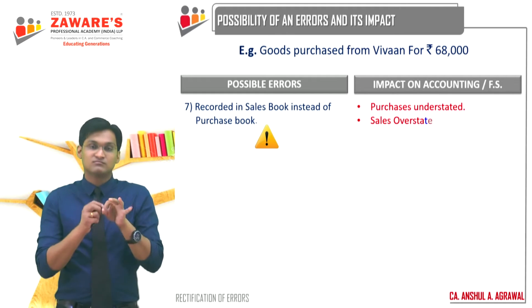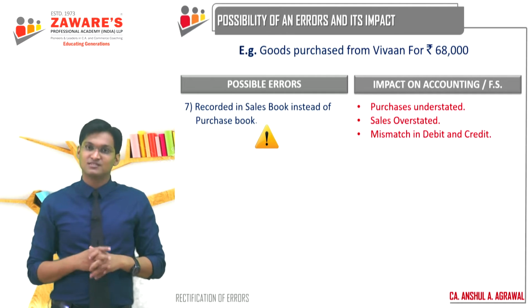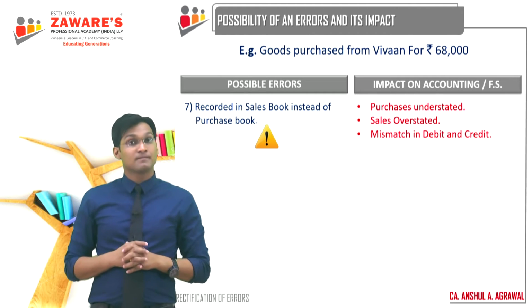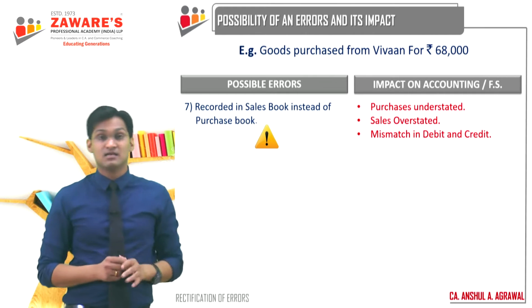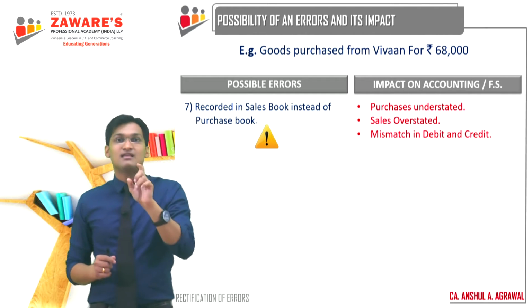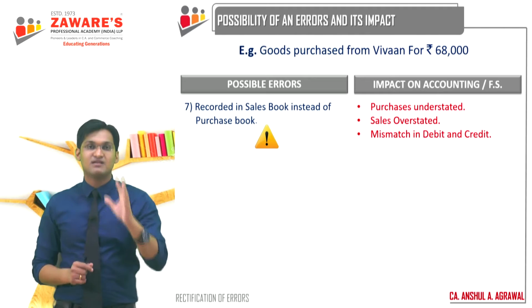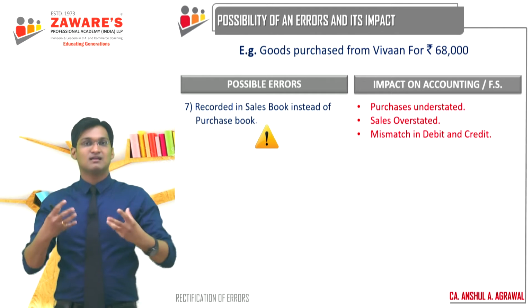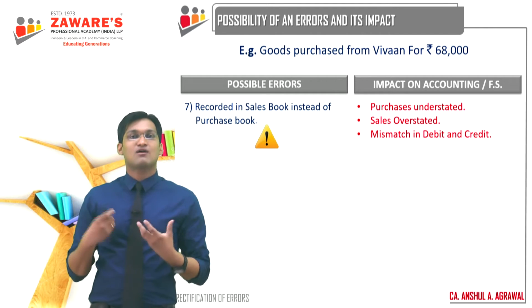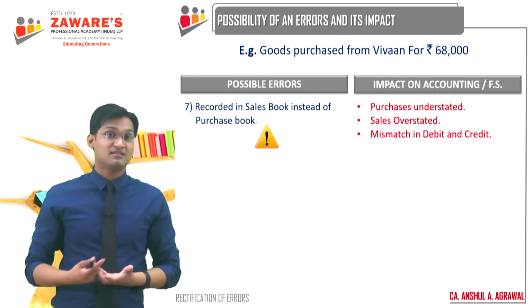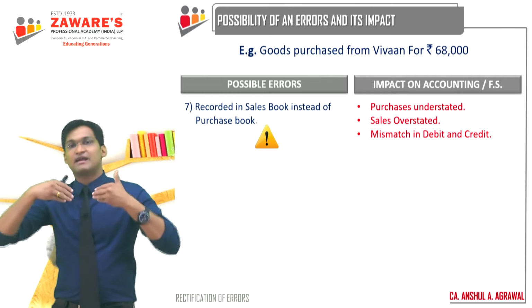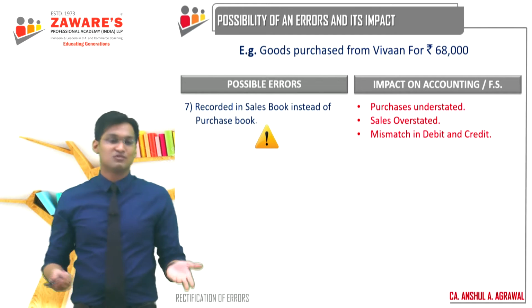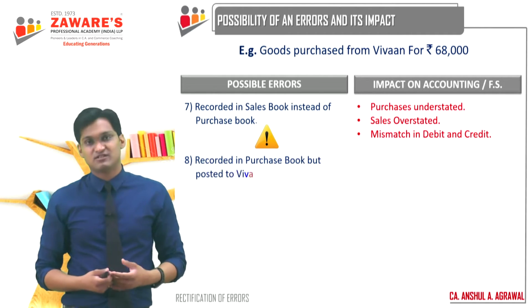That means your purchases are understated. You have not recorded purchases at all. That means you have overstated your sales. Not only is purchase wrong, sales is also wrong. Your sales are showing higher, overstated. And accordingly, when you have not debited anything in this transaction, you have credited sales account, you have credited Vivan's account, your credits are more than debits. That will create mismatch in debit and credit.